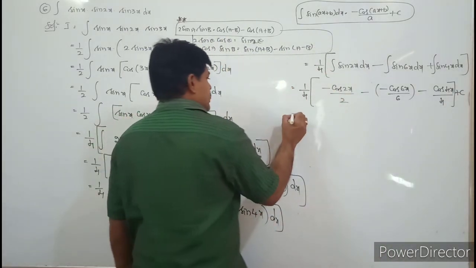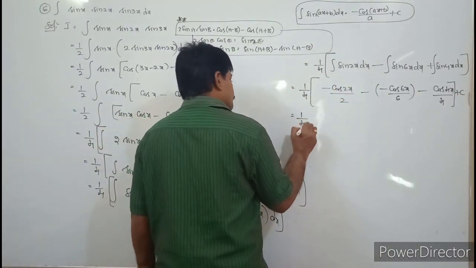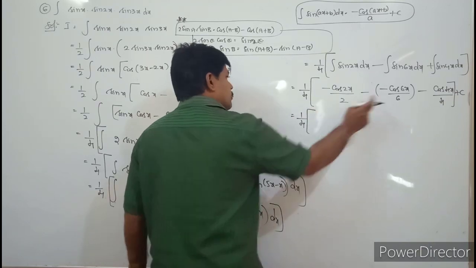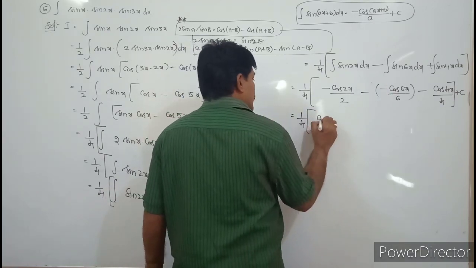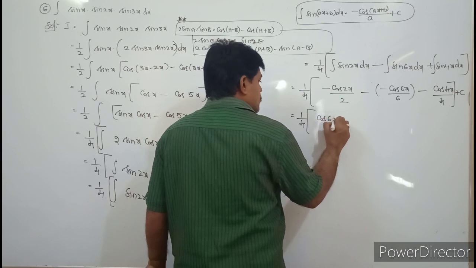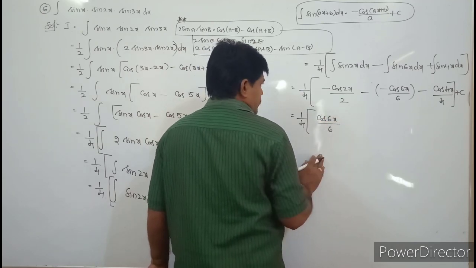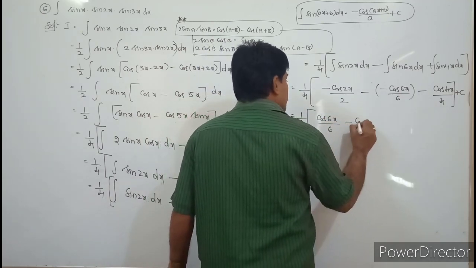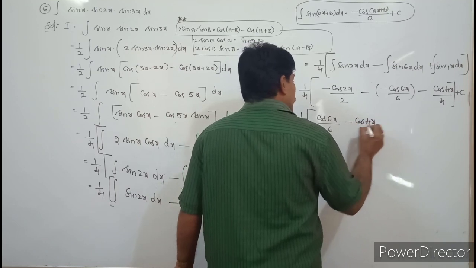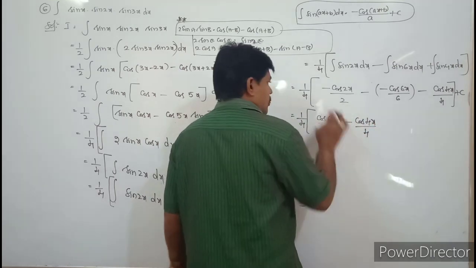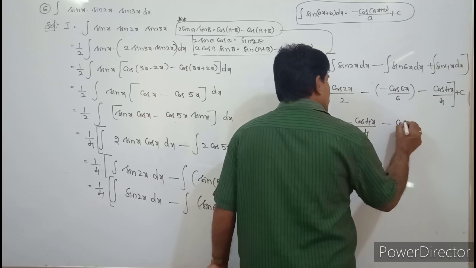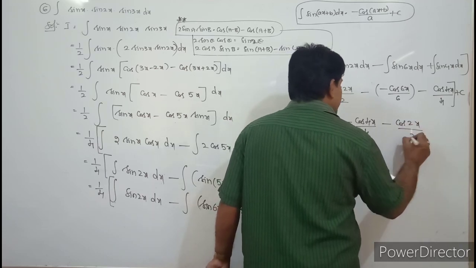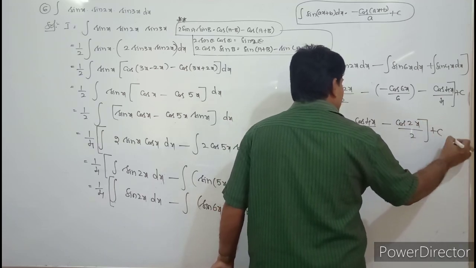So that is equal to 1 by 4 into, minus of minus becomes plus, cos 6x by 6 minus cos 4x by 4 minus cos 2x by 2, plus c.